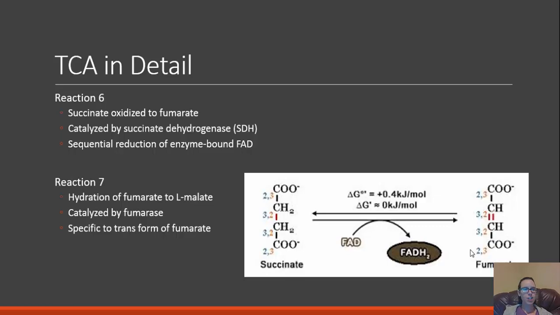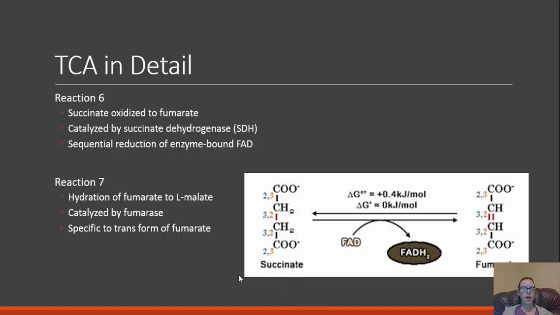Okay, next we have reaction 6, in which succinate is oxidized to fumarate through the enzyme succinate dehydrogenase. So again, we're taking some of the hydrogens from succinate, thereby oxidizing it and putting the hydrogens onto the FAD to then go on to the electron transport chain for energy production.